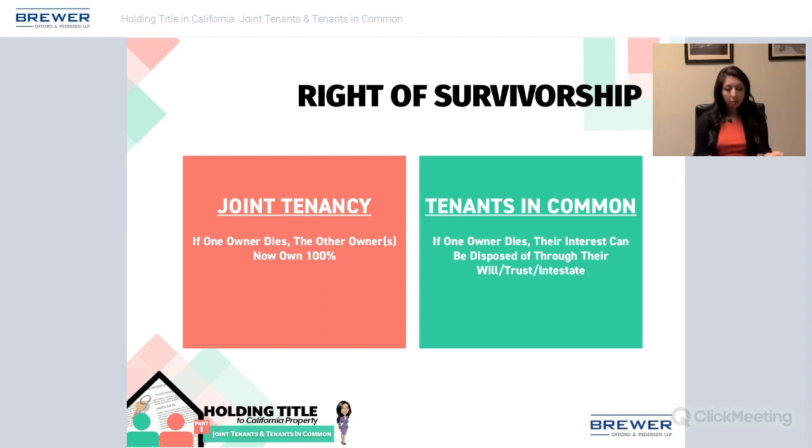We're going back to my example. Jane and Wendy hold the property as tenants in common, equal ownership. Jane dies. Her trust says that her interest goes to her daughter. Her daughter really doesn't want anything to do with the property, either lives out of state or has her own place, or any number of reasons. Jane's daughter does not want the property.